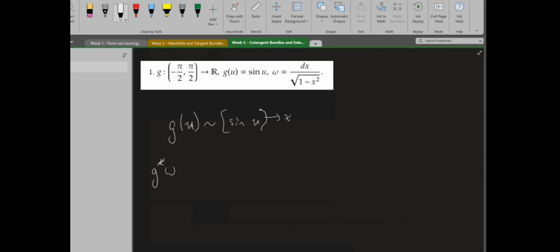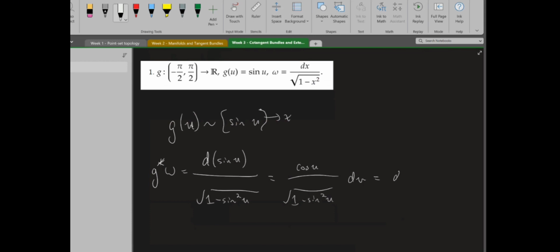So omega pulled back by g should just be d sine u over 1 minus sine squared u. But then you have to evaluate this, so you end up getting cosine u over 1 minus sine squared u du. Then the bottom just simplifies and you get du, because the bottom is cosine of u. Okay, so that one's easy.